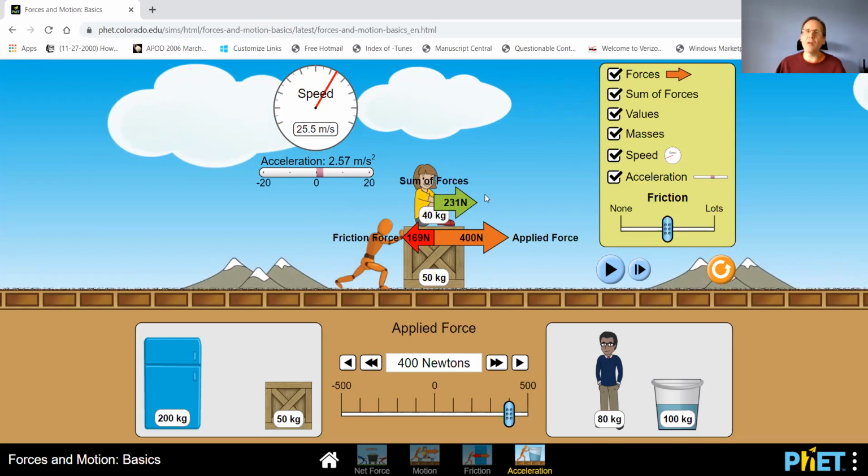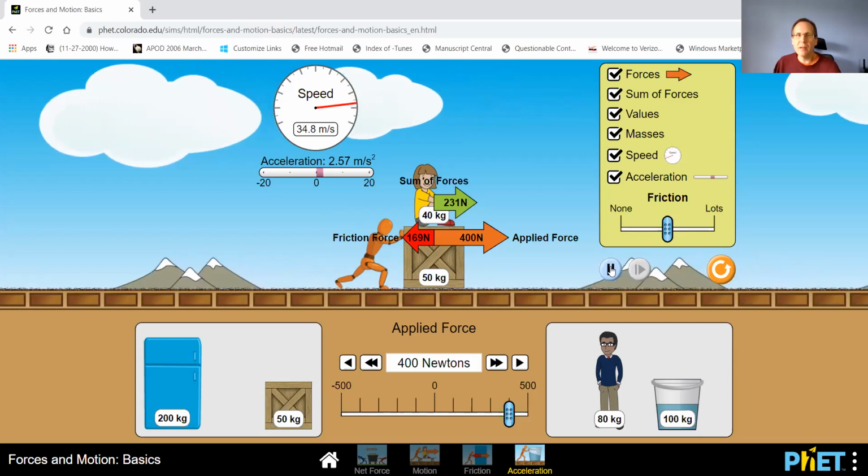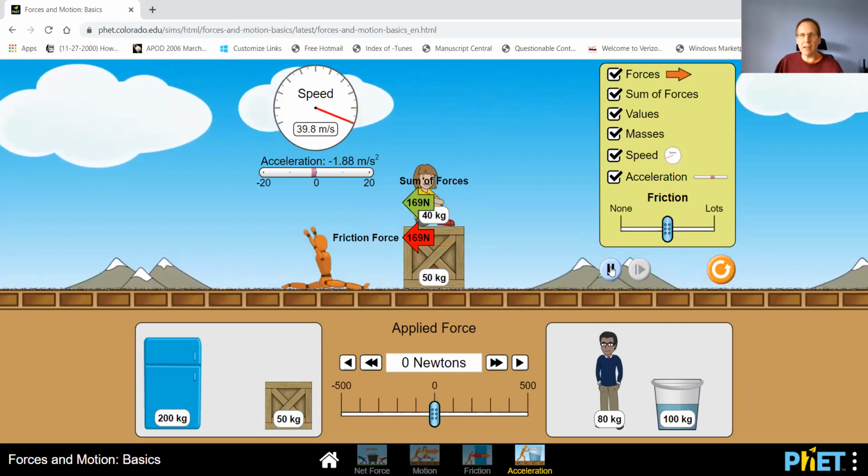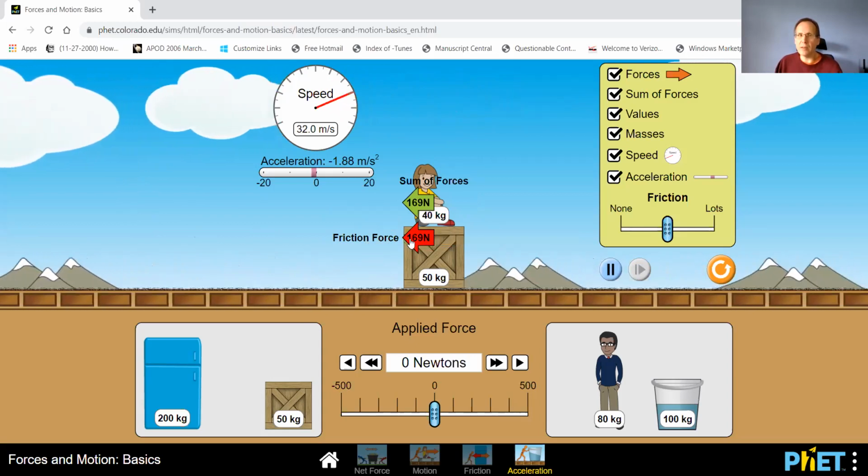And then you want to see how close your calculation came to that value that we got from the simulation. So you're comparing those two values. Just qualitatively comparing. You don't have to do a percent error or anything for this part. And then once it reaches 40 meters per second, the person will stop pushing. They let go. And now the only force acting is the frictional force.